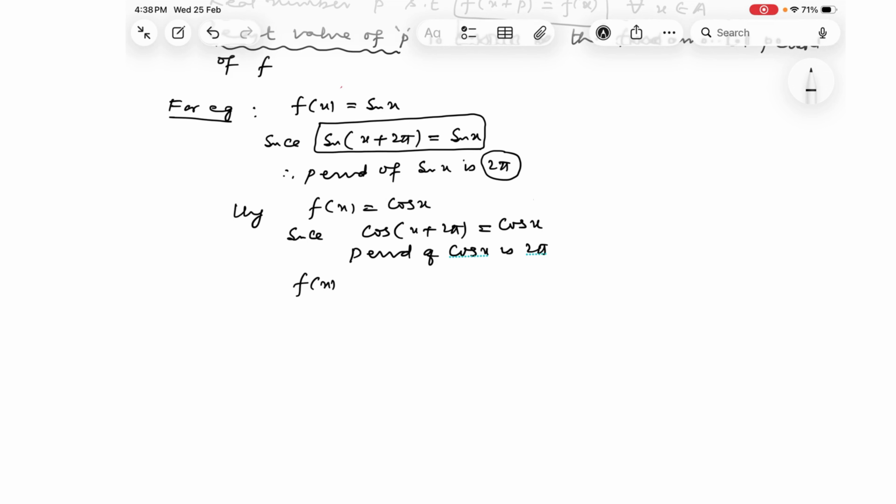If f(x) is equal to tan x, since tan of x plus pi is equal to tan x, therefore the period of tan x is pi.